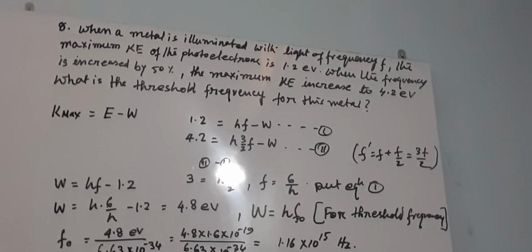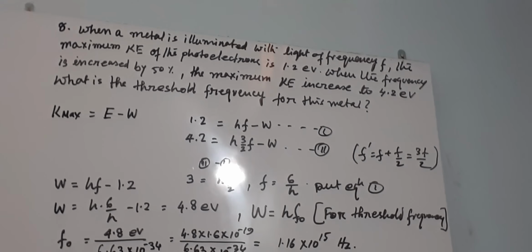Another condition is given when frequency increases by 50%, 3 by 2 f will be the frequency, then 4.2 equal to h into 3 by 2 frequency minus work function. Solving these two, work function we can find out 4.8 electron volt.